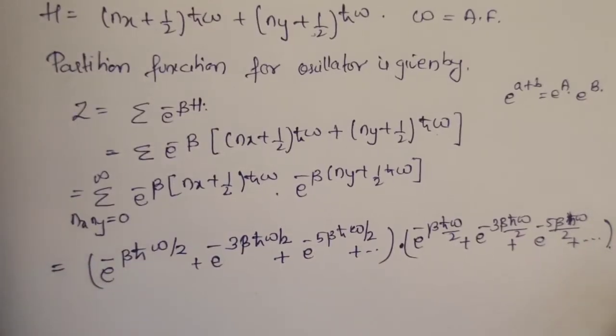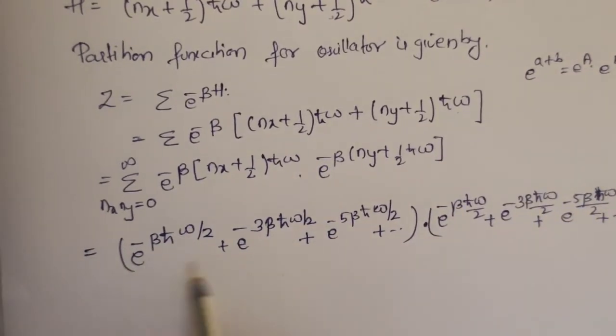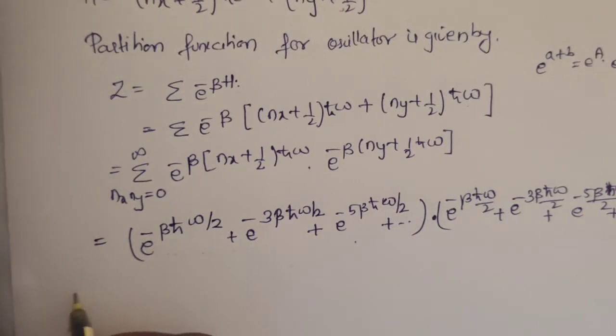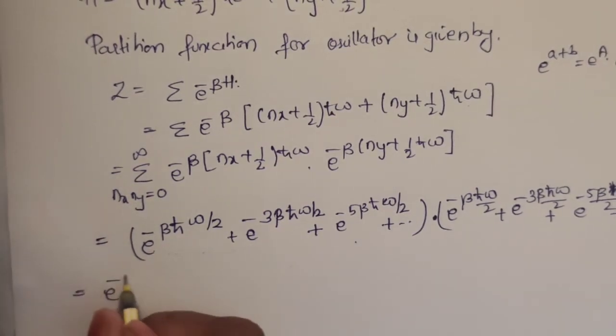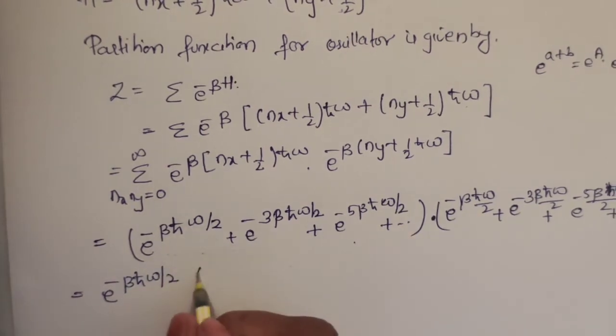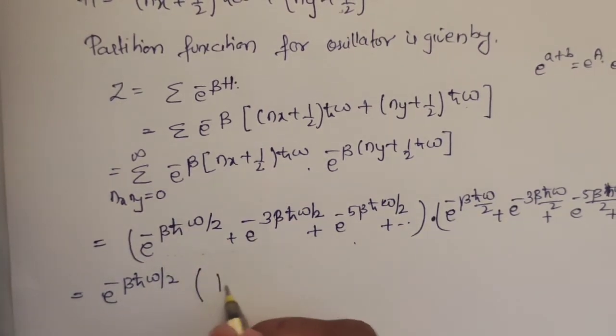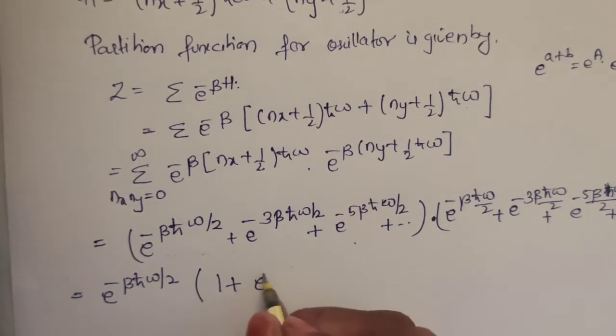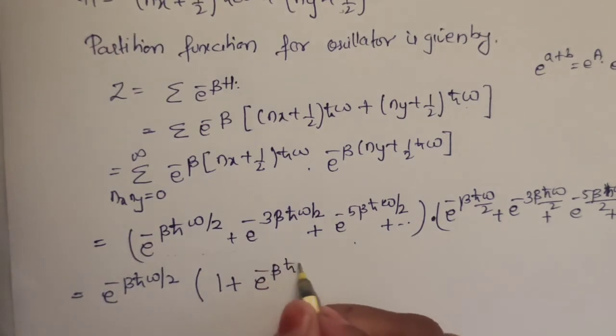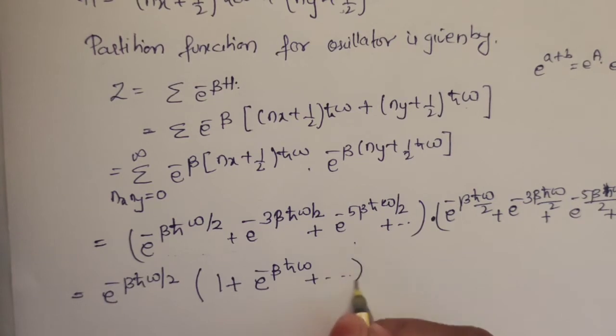Similarly, for the other term, the same series. Now from this I can take e to the power of minus beta h cross omega by 2 as a common term. The remaining value will be 1 plus e to the power of minus beta h cross omega, and so on.